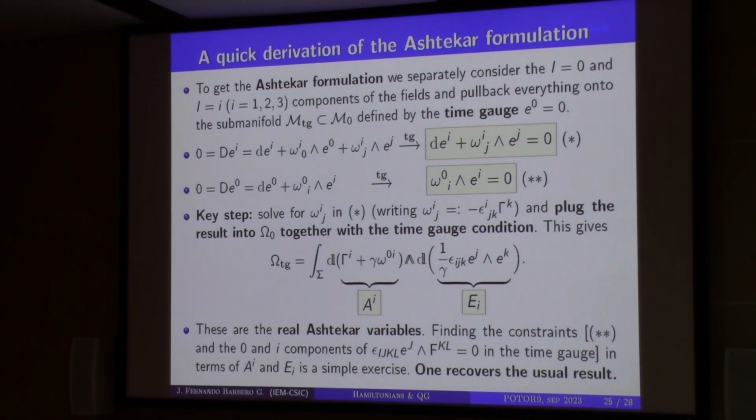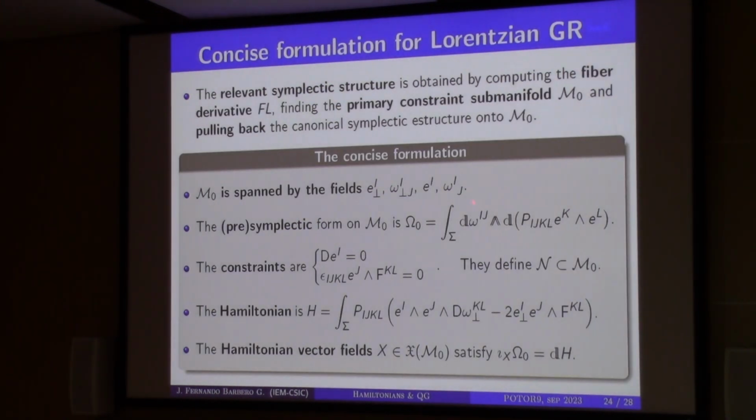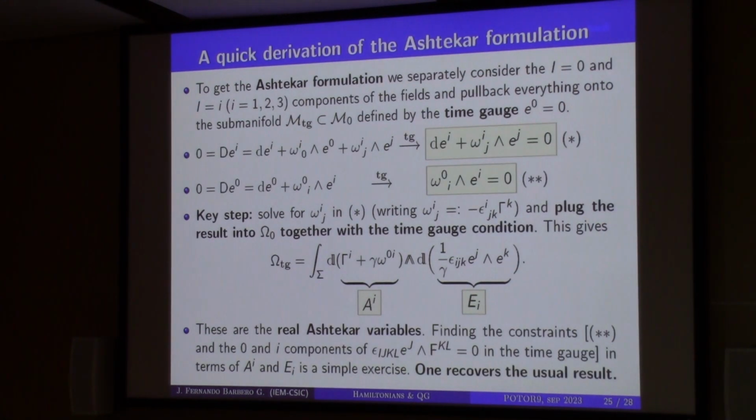Now, an application of this formulation, which is very compact, you can actually use, for example, to derive the Ashtekar formulation. And this is an interesting computation, and it's a good exercise, so I recommend you to do it. The procedure can be summarized in one of the slides.